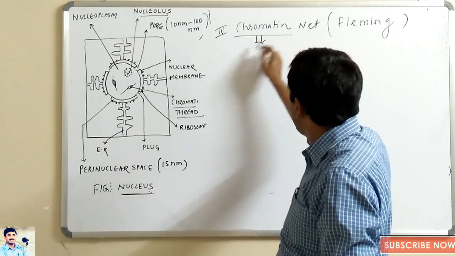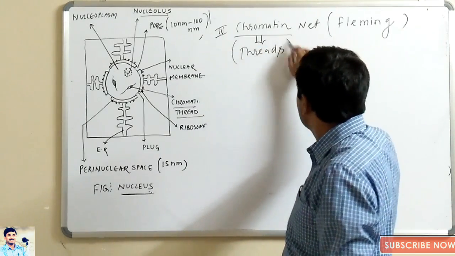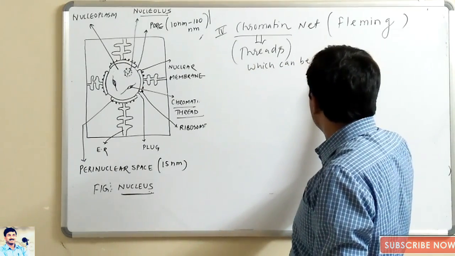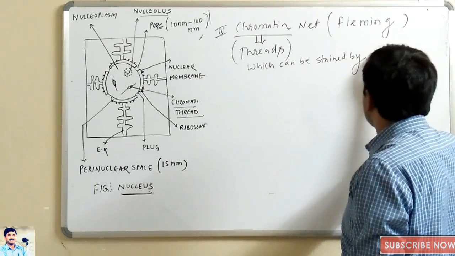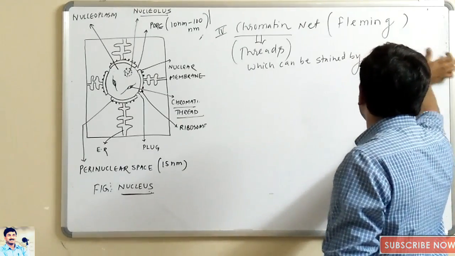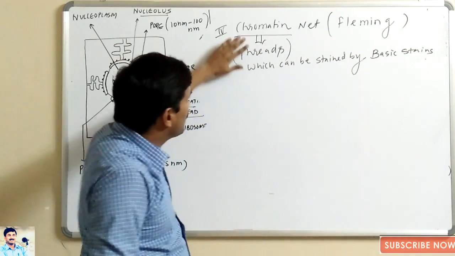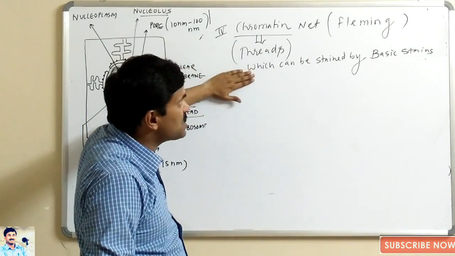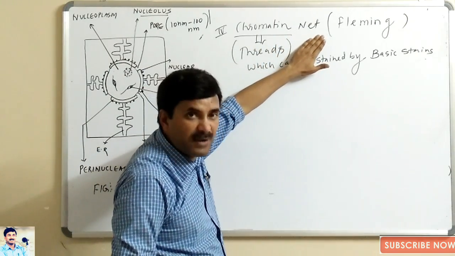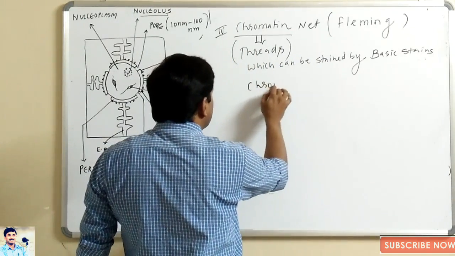And this chromatin net is made of threads which can be stained by basic dyes, or we can say basic stains, right? So the chromatin net is actually made up of threads which can be stained by basic stains, and this term was given by Fleming.